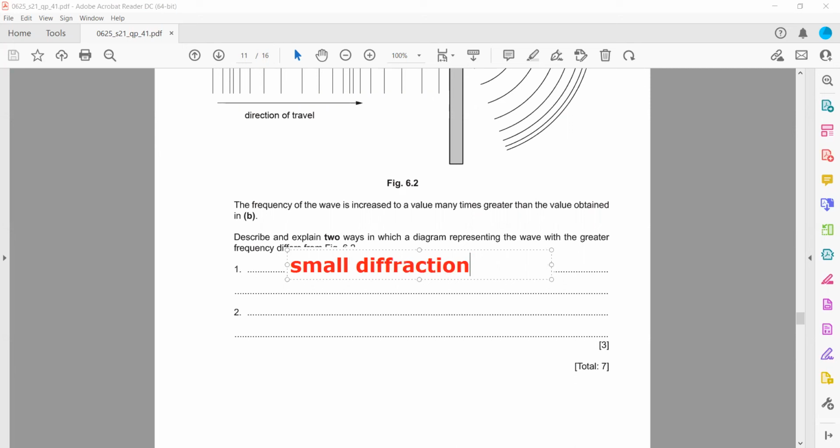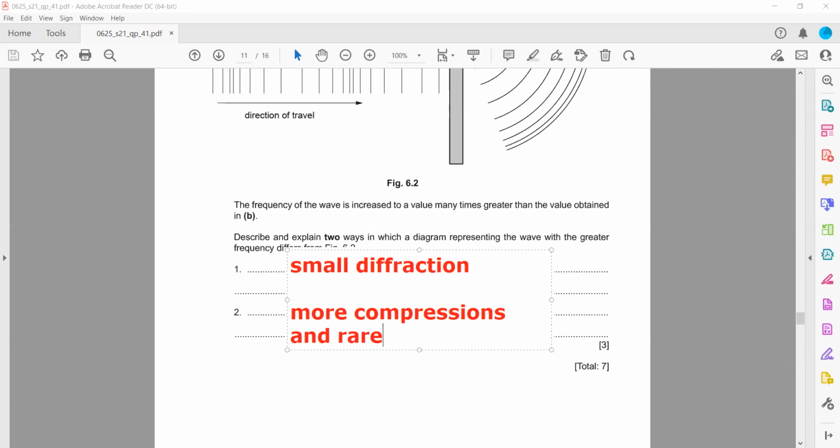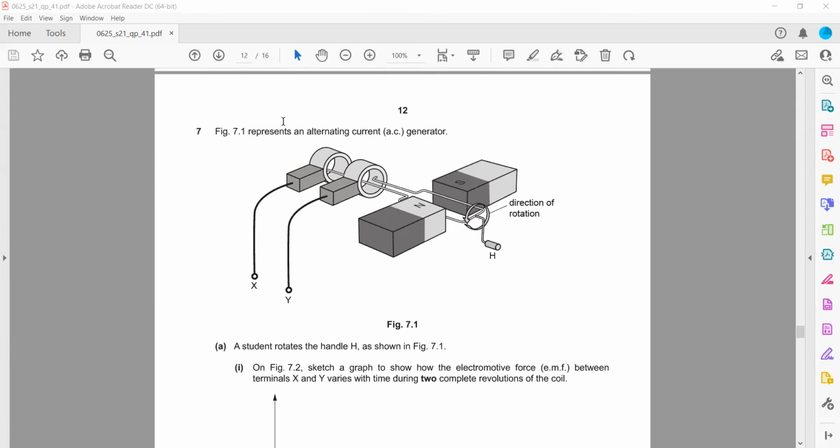As the frequency increases, the wavelength will decrease, so the diffraction will also decrease. And frequency increase means more compressions and rarefactions will be there. Frequency is the number of vibrations. So as the frequency of a sound increases, there will be more compressions and rarefactions.